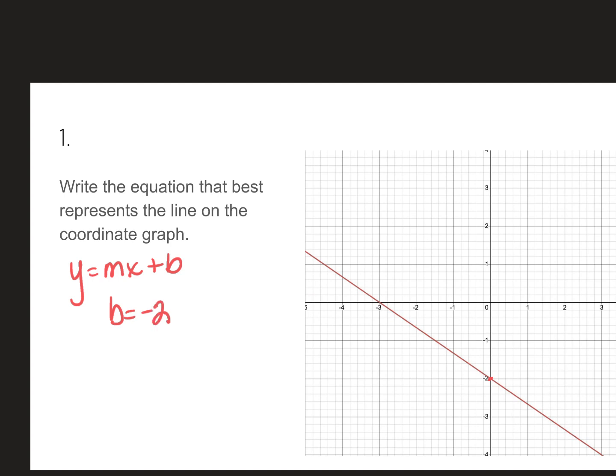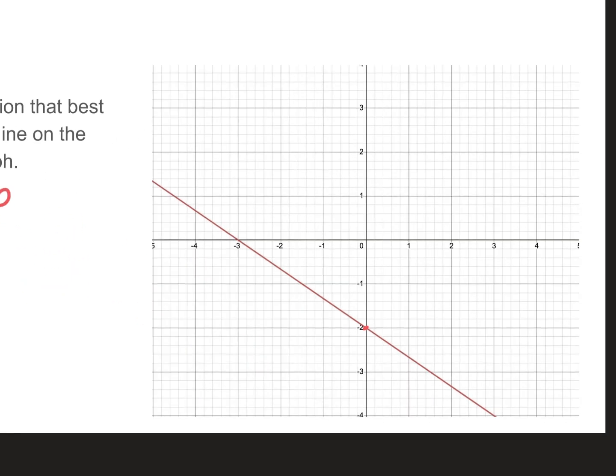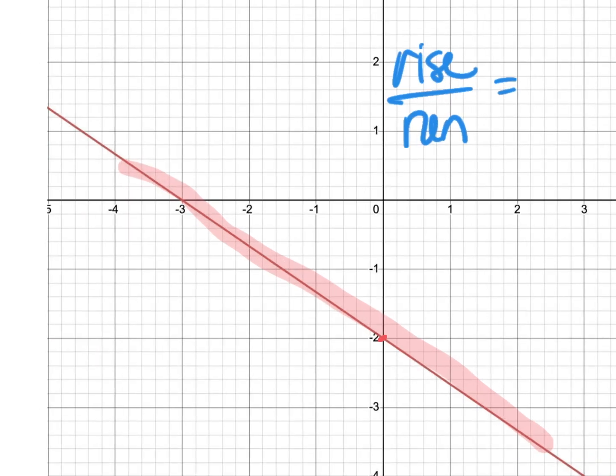Now I need to calculate the slope. First thing I want you to notice is this is a negative sloping line. It's going down left to right. So when I calculate my slope, it needs to be a negative value. Okay, to get slope, we're going to use rise over run. So rise, 1, 2.